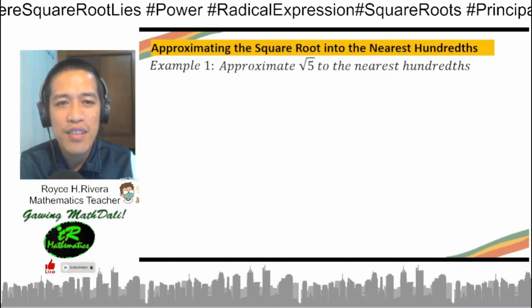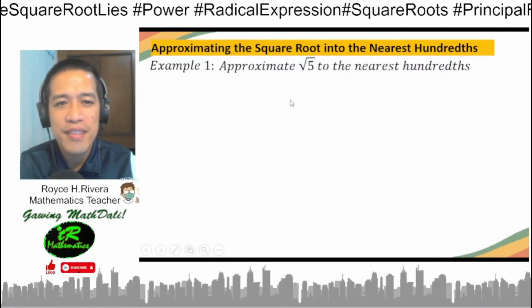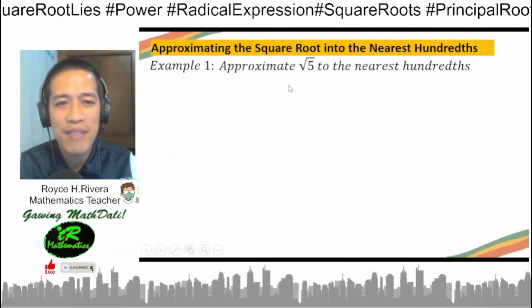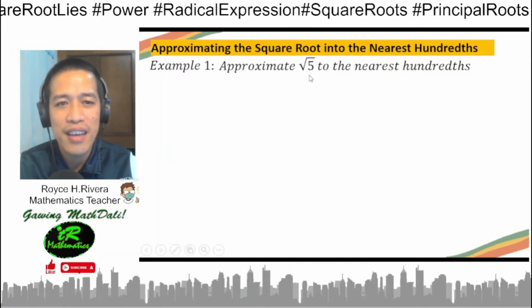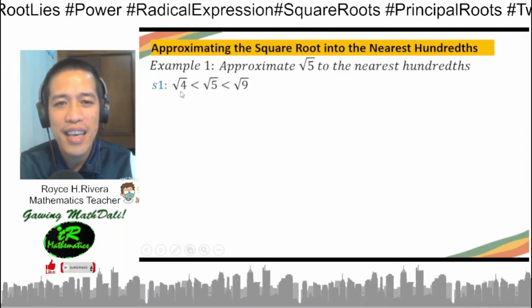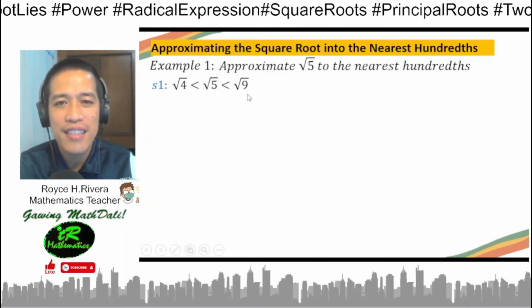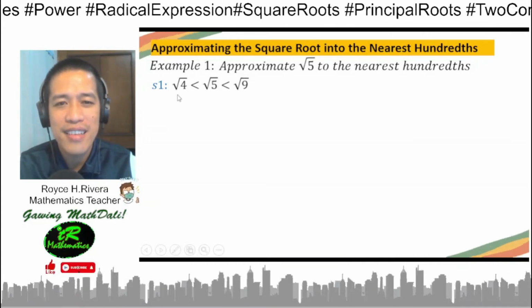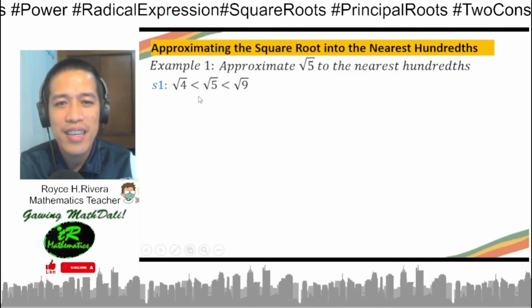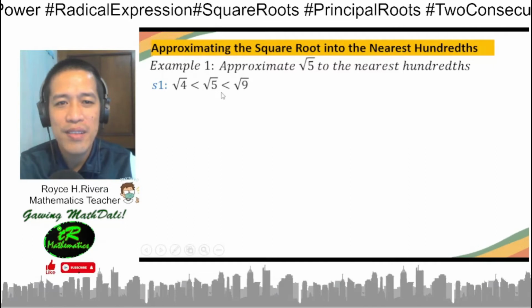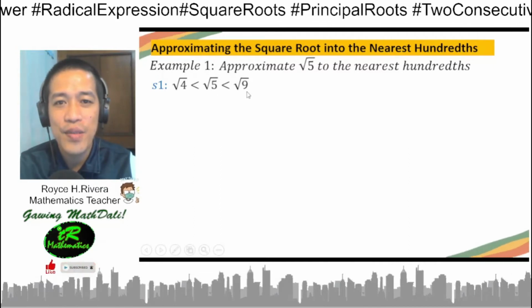So, the two consecutive perfect squares in radical form where square root of 5 lies in between are square root of 4 and square root of 9. Susulat natin ito sa ganitong pattern. Square root of 4 is less than square root of 5 and square root of 5 is less than square root of 9.